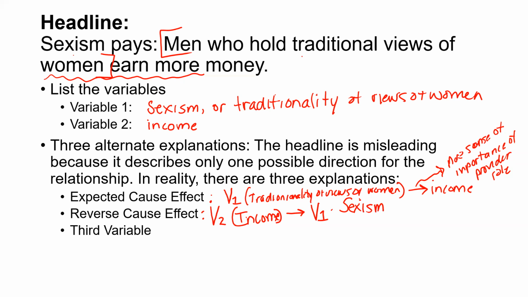Could we explain that at all? Is this possible? Is there some way that we might think of increases in income contributing to increases in sexism or traditional views of women? Is it plausible? That's what we're asking. And if so, could we explain how?